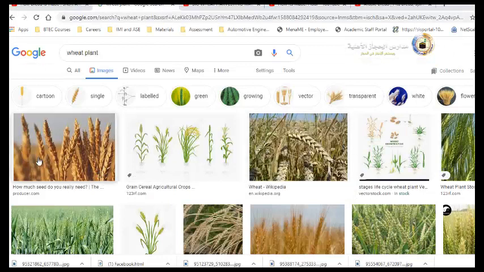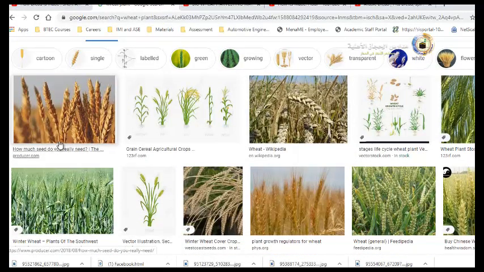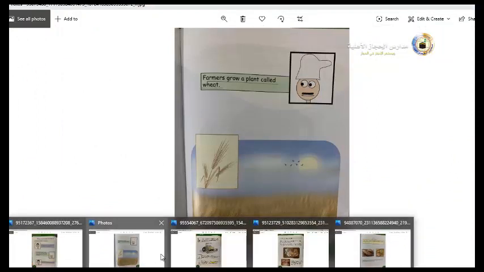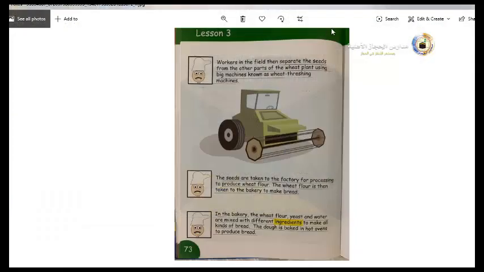Here it is. So what the farmers do, they plant this wheat plant and then they take the seeds from it to make wheat flour for us. The white one, the one that we know. Now let's see what they use to take the wheat out.